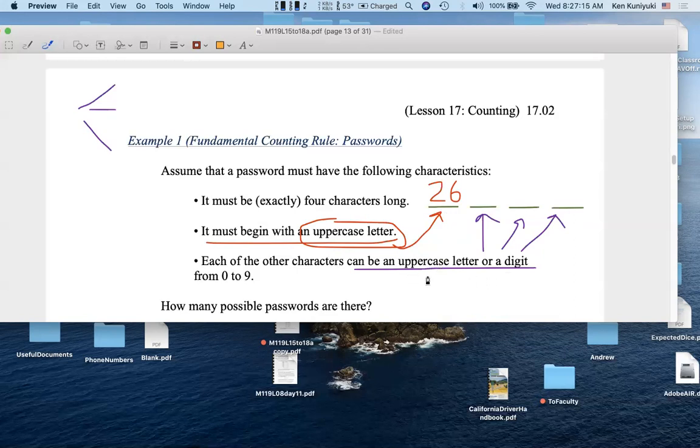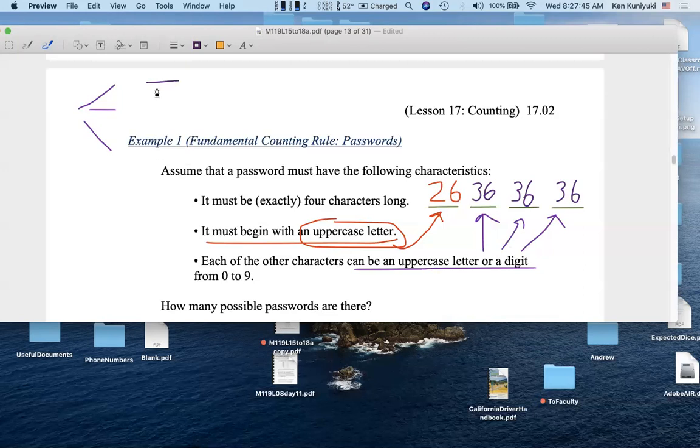Well, there are 26 uppercase letters. There are 10 digits from 0 to 9. So we have a total of 36 possible characters for the second position, regardless of what happens in the other positions. For the third character, again, we have 36 possibilities, regardless of what happens elsewhere. For the fourth character, again, we have 36 possibilities, regardless of what happens elsewhere.